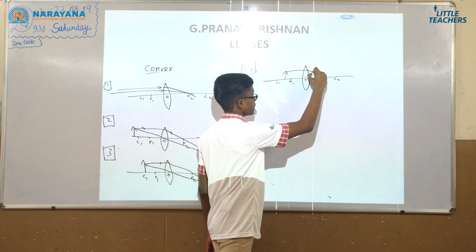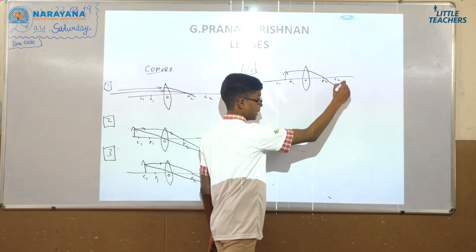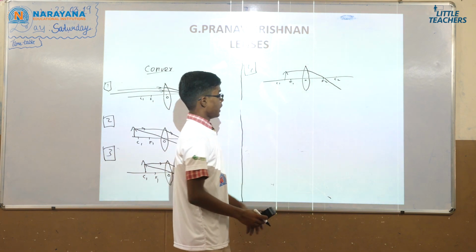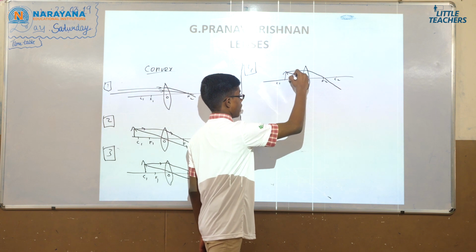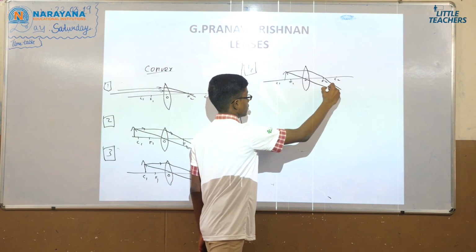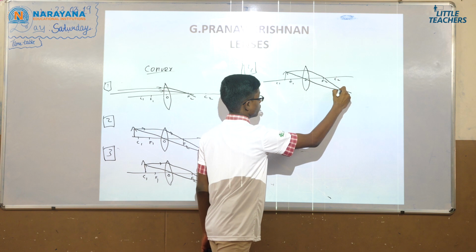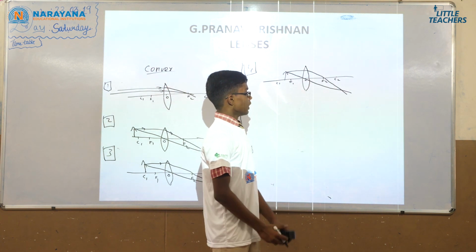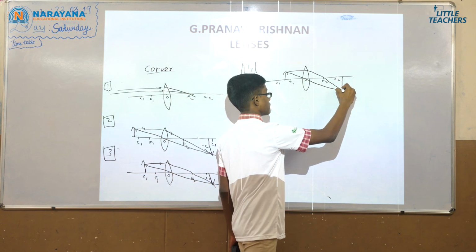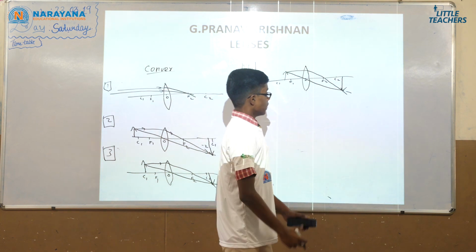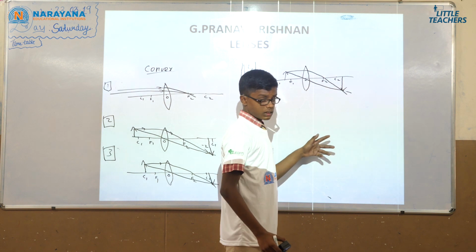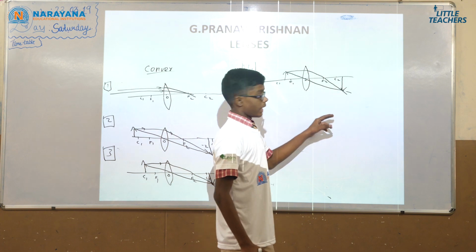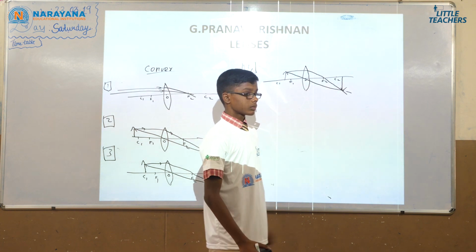This ray converges and cuts the principal axis on the focus. Consider another ray which is incident on the optical center. These two rays intersect here. So the image is formed like this. So we can say the image is enlarged where it is formed beyond C2 and it is real and inverted.